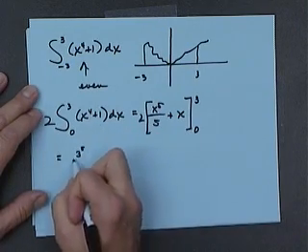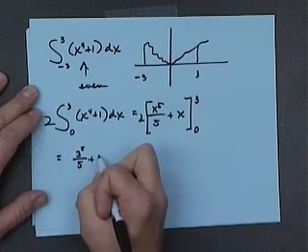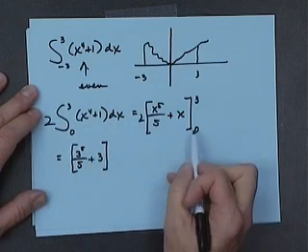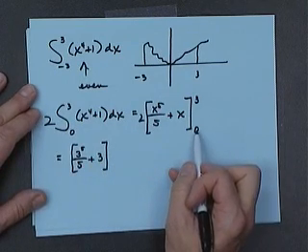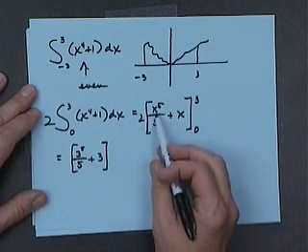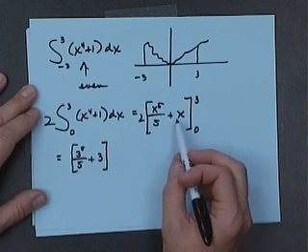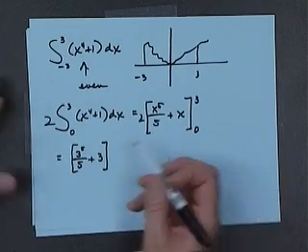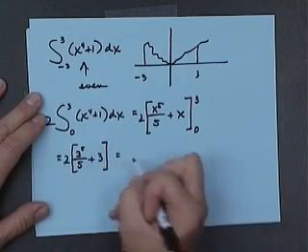So 3 to the 5th over 5 plus 3. If we put in 0, what do we get? Here's the advantage. 0 to the 5th over 5 is 0, plus 0, so everything is 0, right? So that's how it actually saves time.